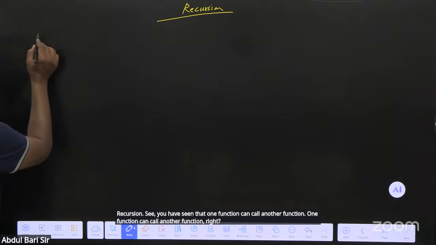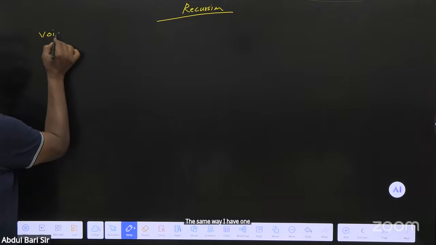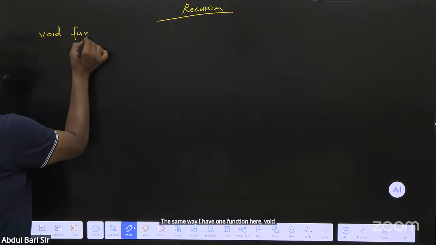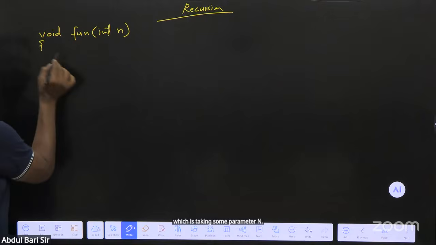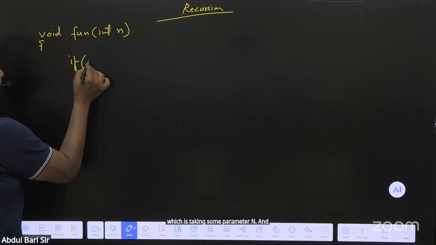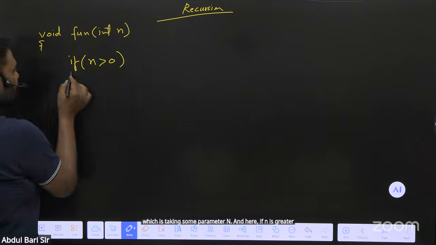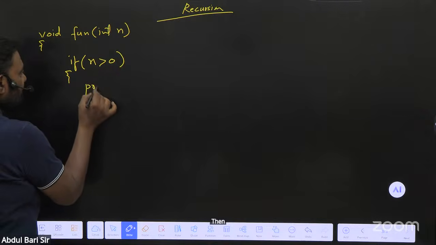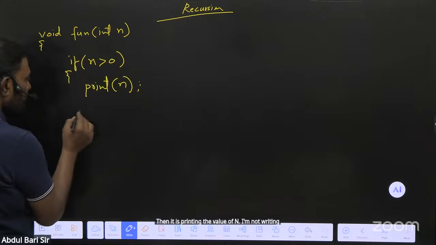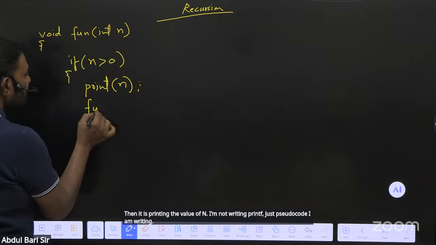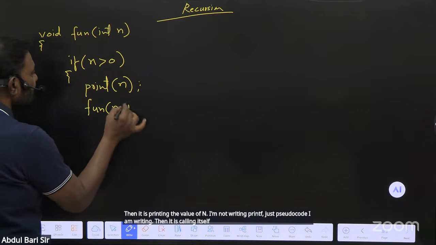The same way, I have one function here, void fun, which is taking some parameter n. And here, if n is greater than 0, then it is printing the value of n. I'm not writing printf, I'm just writing pseudocode. Then it is calling itself with n minus 1.